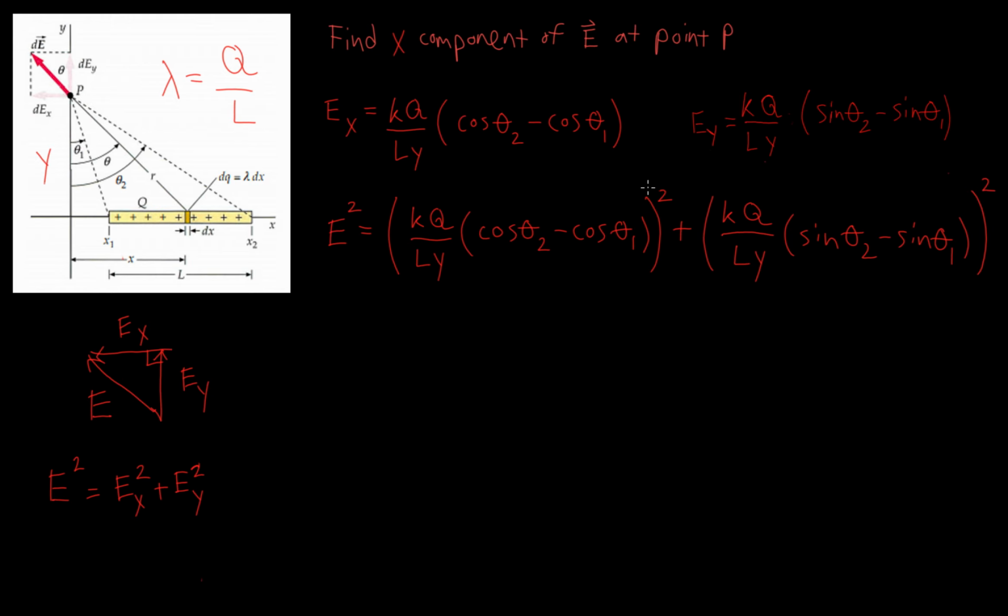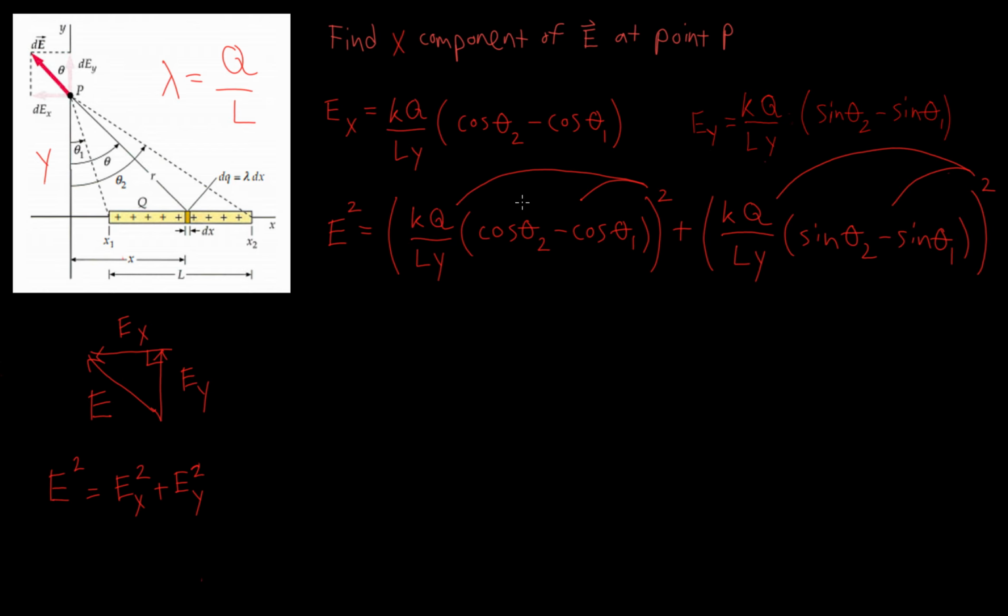So we can distribute this exponent of 2 into here, and also into here, and each of these terms would be squared. In this entire expression, kq over ly, each of these variables would also be squared.